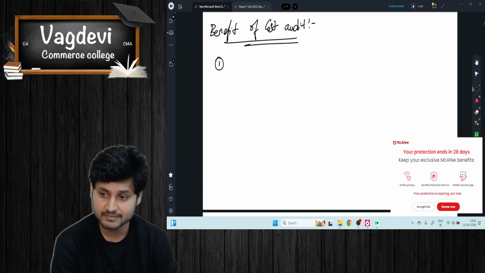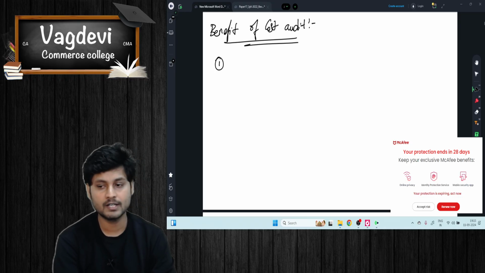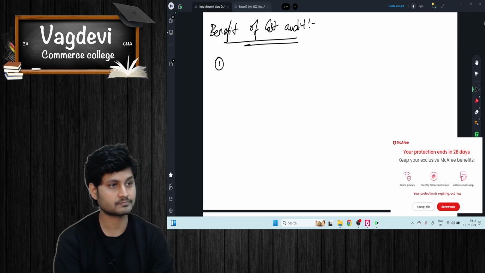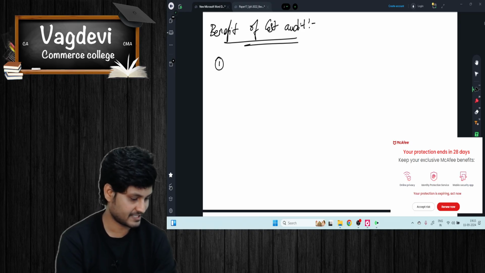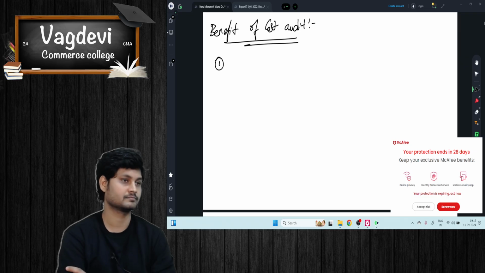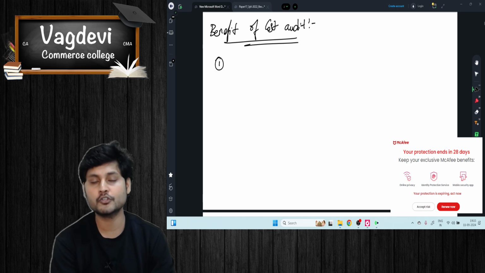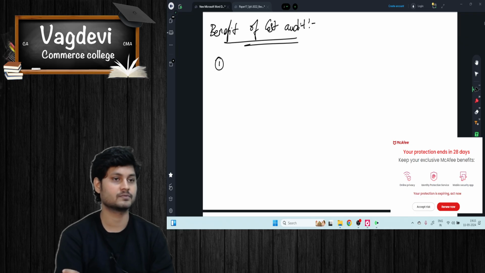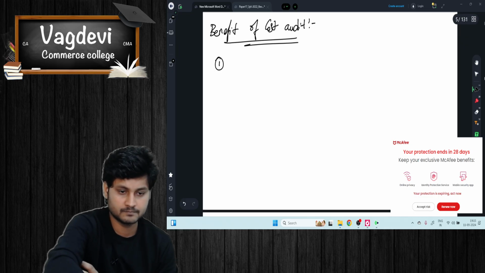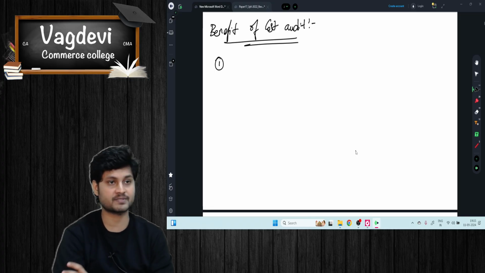Point number 2. The government of India started investigation and verification into the cost structure of such firms.